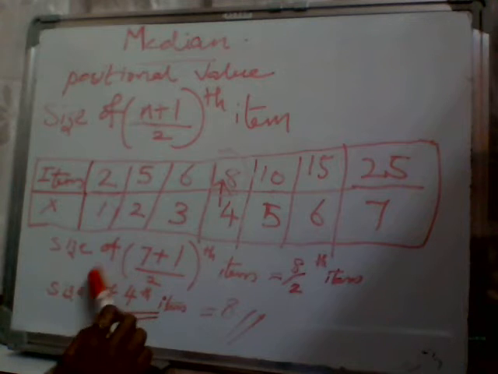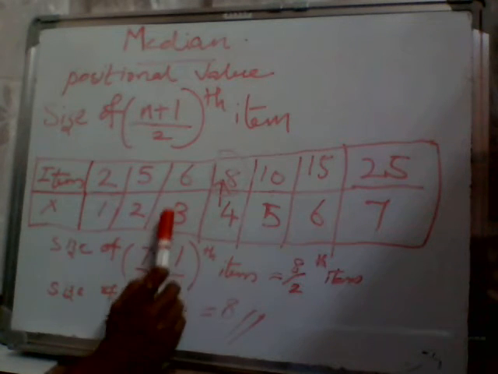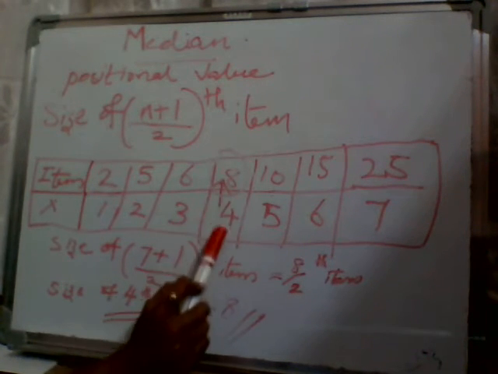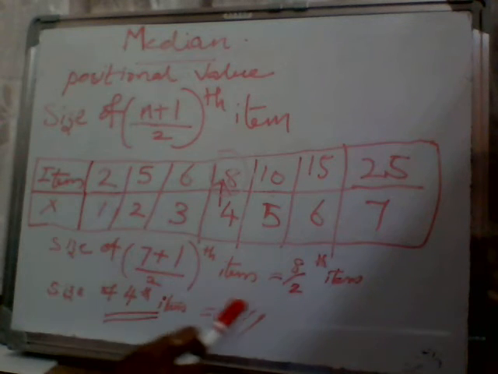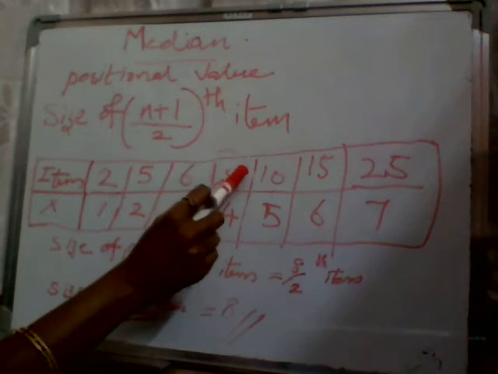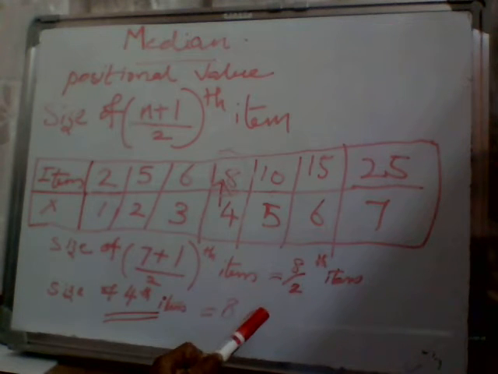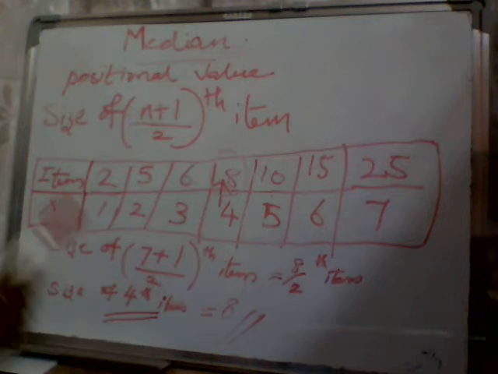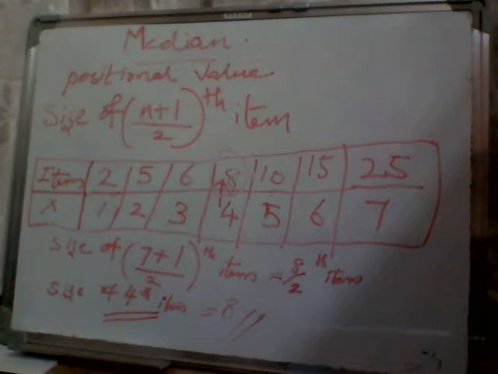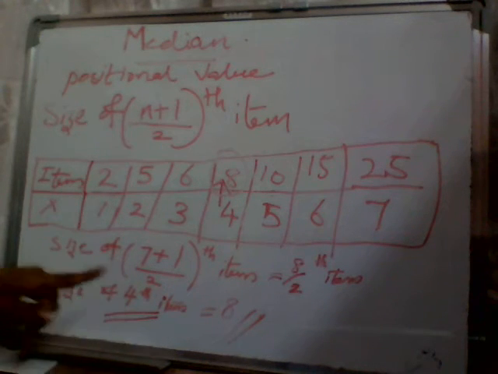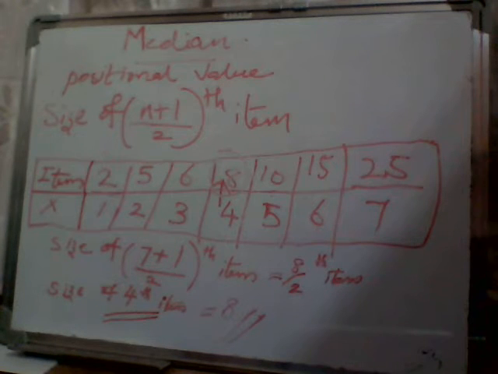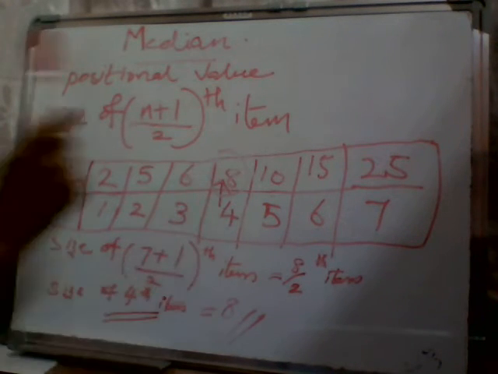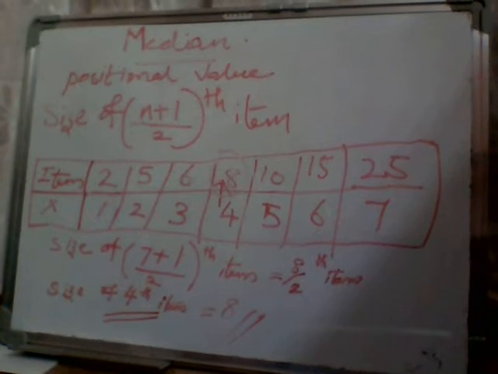The important thing is that we need to find the fourth item, meaning the fourth item's value we need to write as the answer. To find the median we need to apply the equation (n plus 1) divided by 2 th item. Then 7 plus 1 divided by 2, it is the fourth item. The fourth item is 8. Next we can go to the next problem.